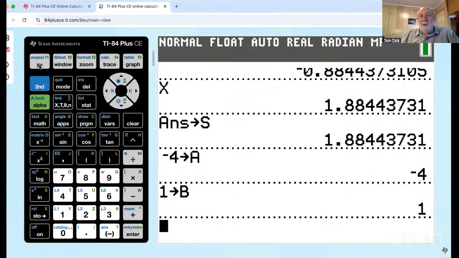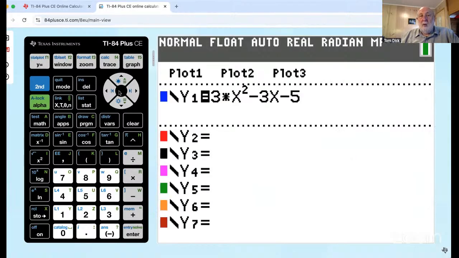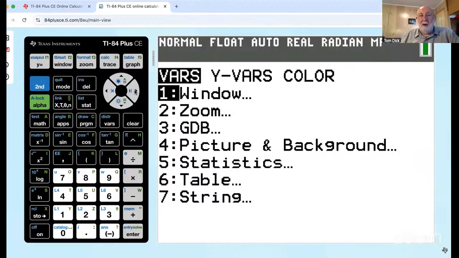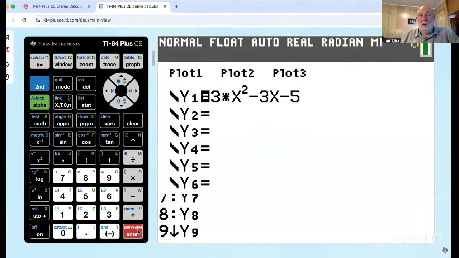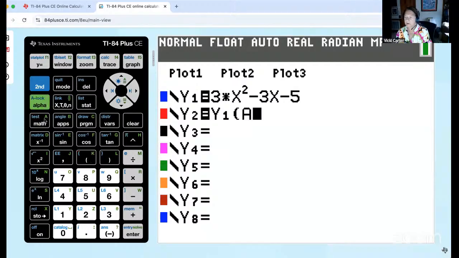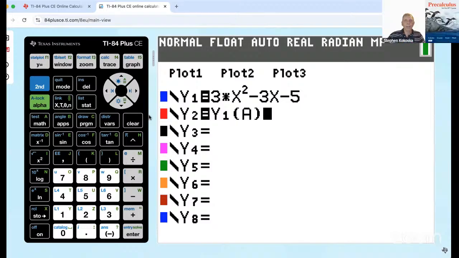Then I'm going to go to my y equals menu, and in Y2 what I want to do is build your secant line equation from those two values. I've got them stored in A and B. So I think what I'll want is to evaluate my function, y1, at A. I really like this, Tom. This is nice. Yeah, it's very cool. And then we'll add on the slope formula.